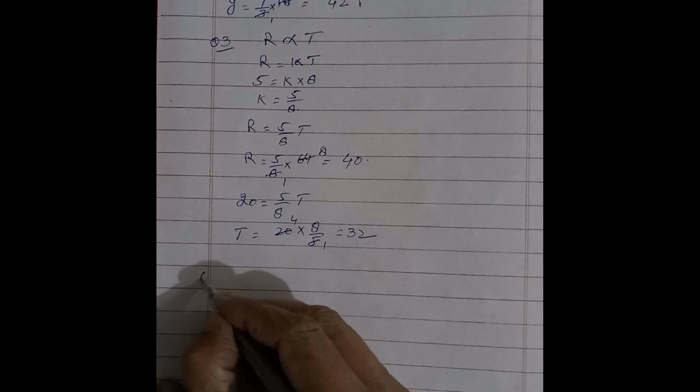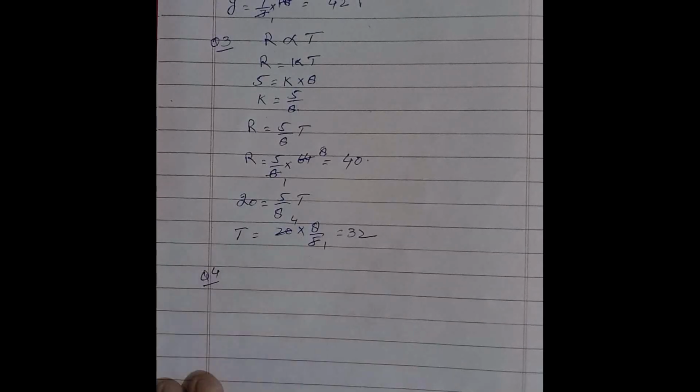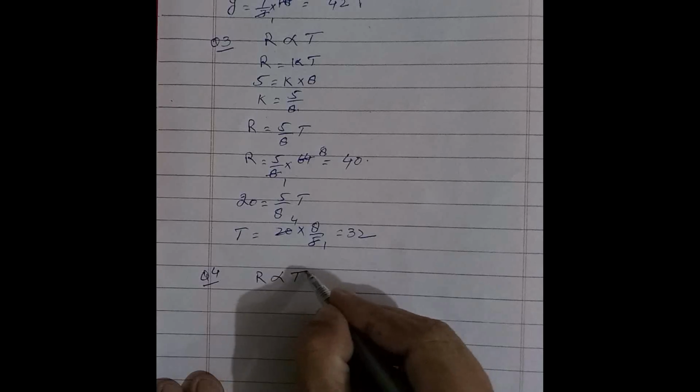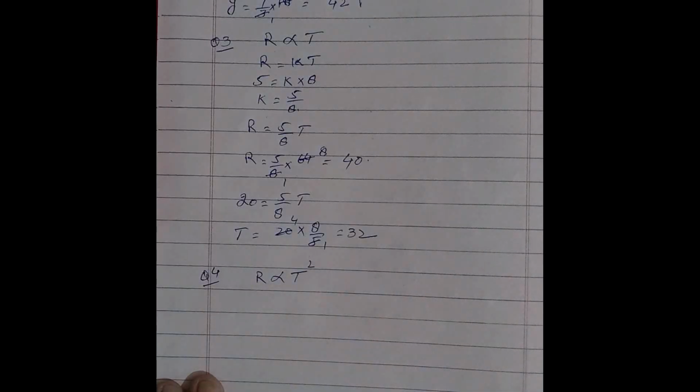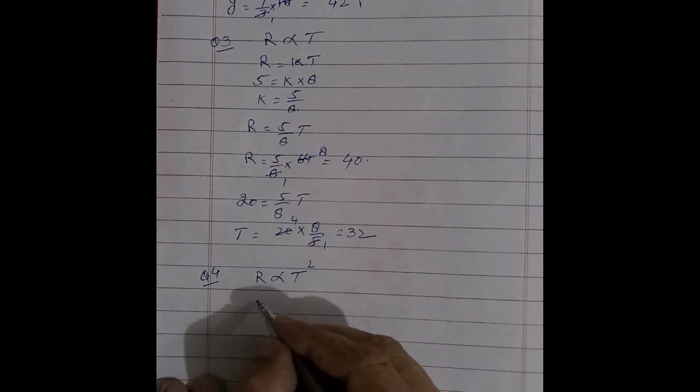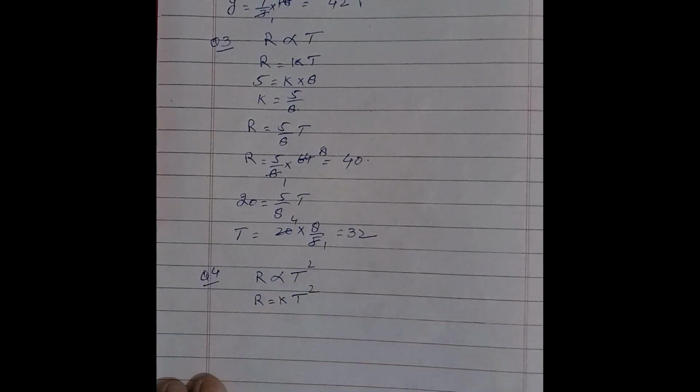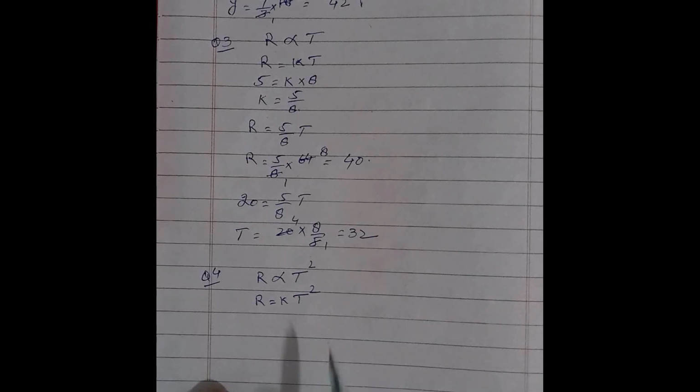Next is question 4. In question 4, r is directly proportional to t square. With the same method, r is equal to k t square, and when we find the value of k, r and t values are required. r is equal to 8 and t is equal to 3.